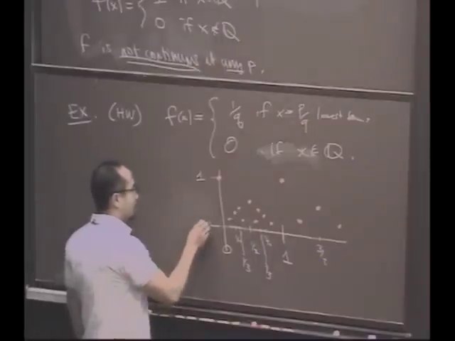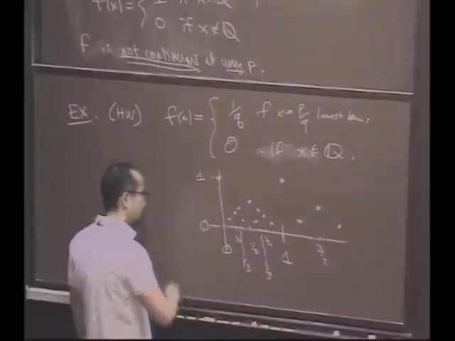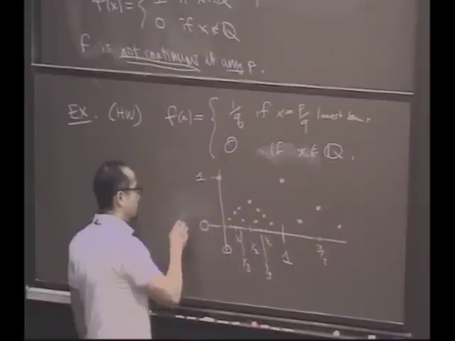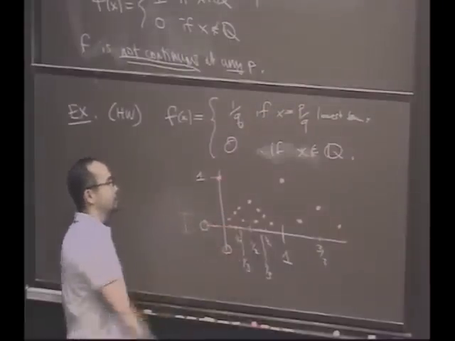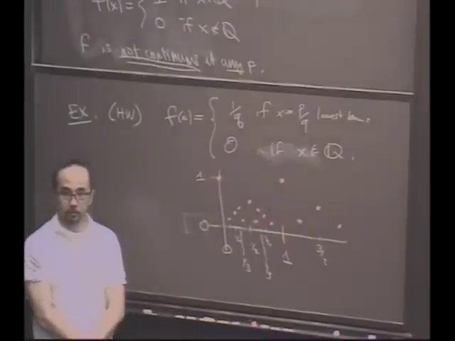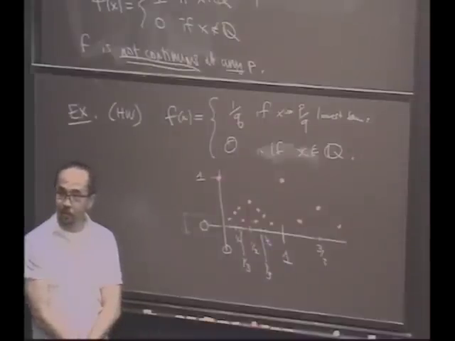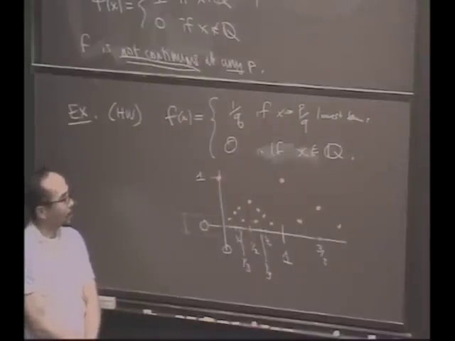So if my target were to look at an epsilon ball around 0, how many times does this function leave the epsilon ball around 0? Finitely many times, no matter what epsilon is, yes? Would you agree?